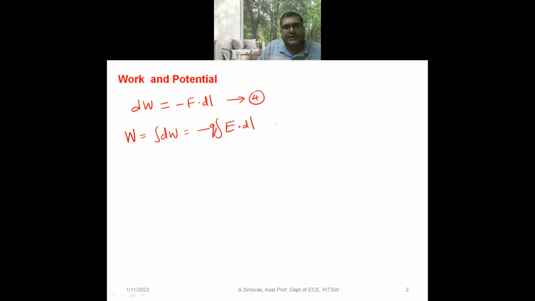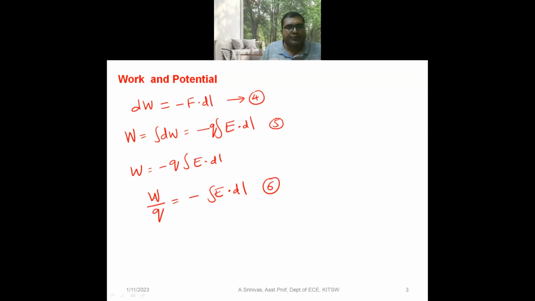The q is constant. It will come out of the integral. Now W is equal to minus q integral E dot dl, and W by q is equal to minus integral of E dot dl. Let it be equation number 6.